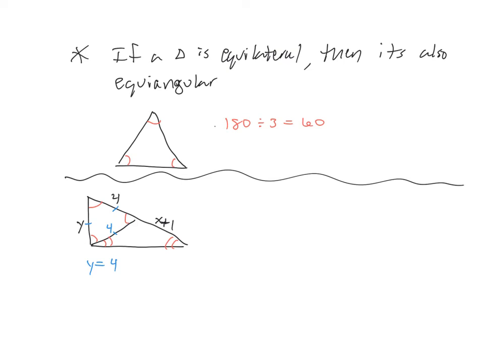Then on this other triangle on the bottom right hand corner, I notice that the two angles are the same, so the sides opposite them are the same. So then it also means that the x plus 1 side is going to equal 4 also, because this blue 4 is the one side opposite, so the other one has to be opposite, and x equals 3.